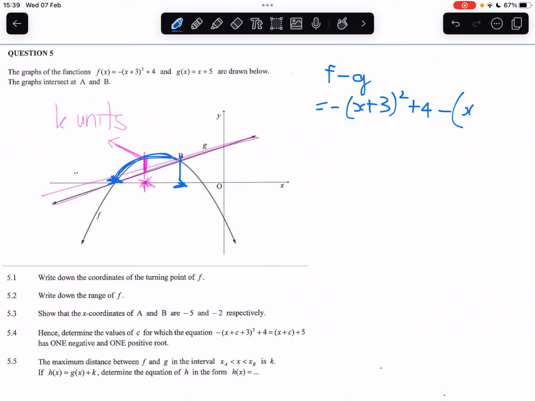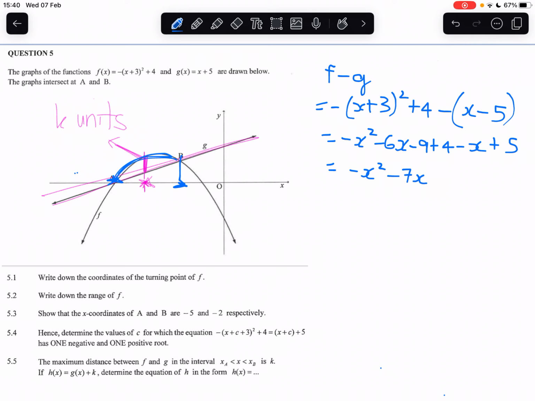And we're subtracting x minus 5. We actually have this from the previous question, so that ended up being this. That is negative x squared minus 6x minus x is minus 7x, minus 9 plus 4 is minus 5, plus 5 is 0.